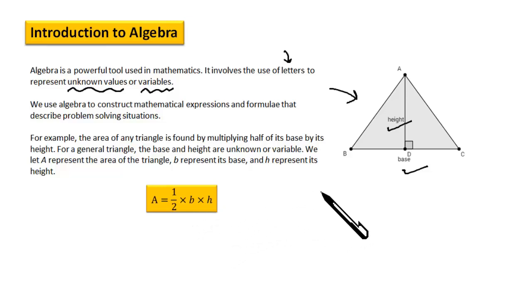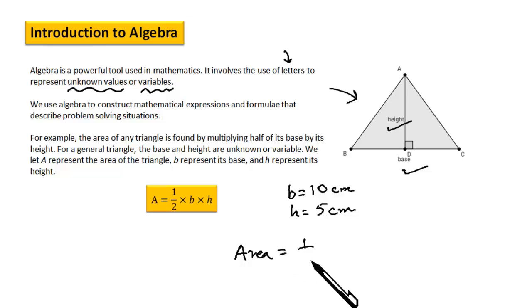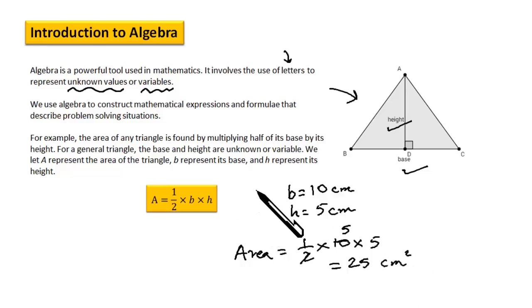For example, let's say base is equal to 10 centimeters and the height is equal to 5 centimeters, then the area of the triangle would be equal to half multiplied by 10 multiplied by 5. Then 2 1s are 2, 2 5s are 10, and we have 25 square centimeters, right? So this formula is nothing but the use of algebra.